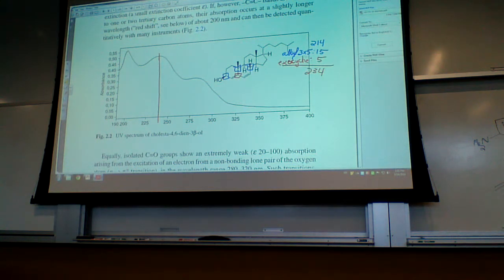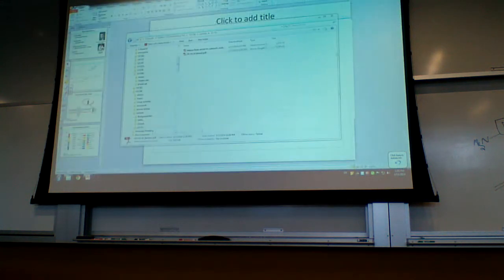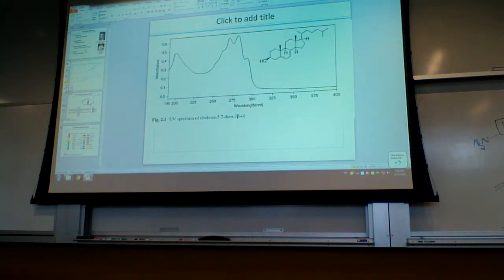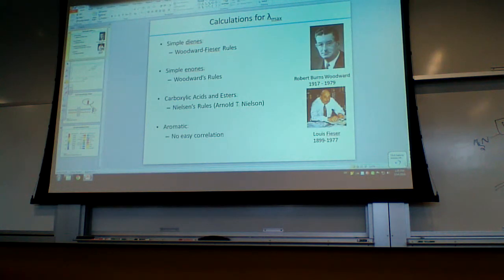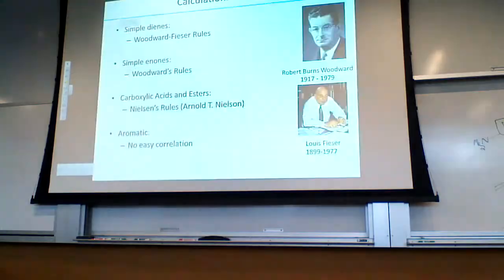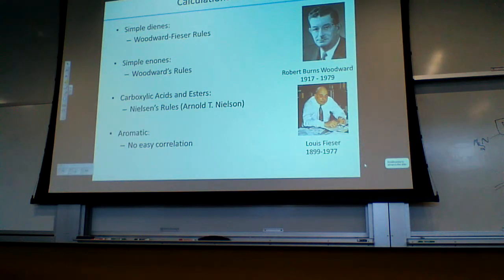I wanted to do some enone calculations, so we're good on dienes. Okay, let's go to the enone. So simple enones are going to have slightly different rules than the Woodward-Fieser rules that we were using for the dienes.